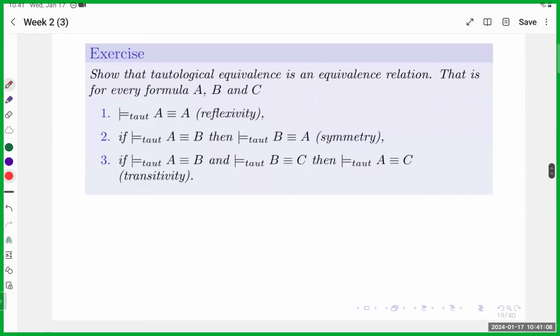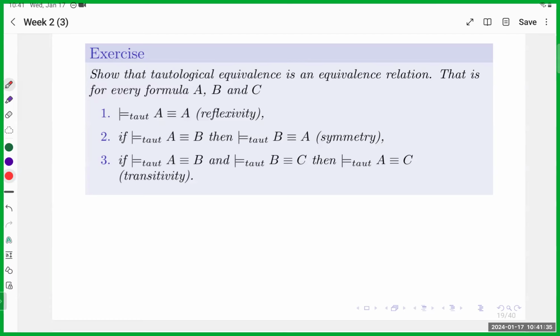More exercises. Show that tautological equivalence is an equivalence relation. I hope all of you know what an equivalence relation is. And if you don't know, please go check your MATH1090. Or I think 1190 also covers it.